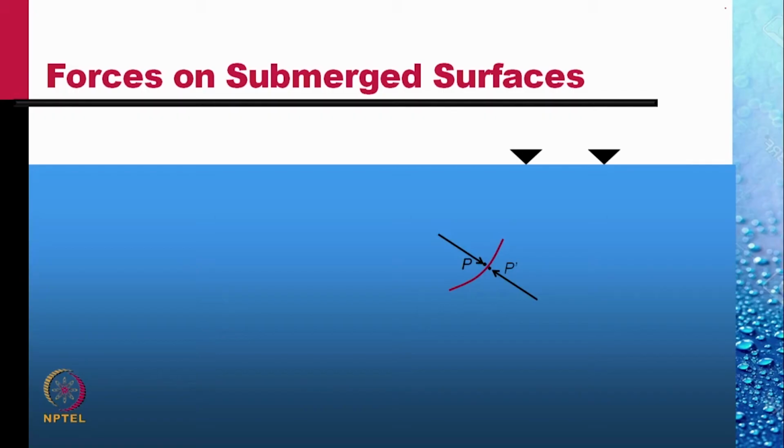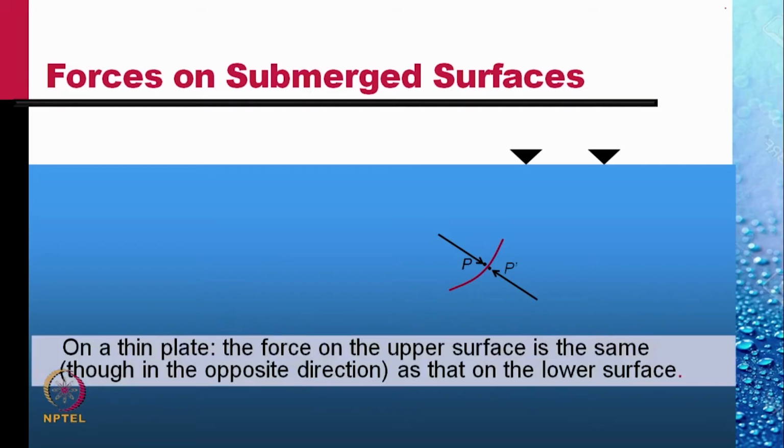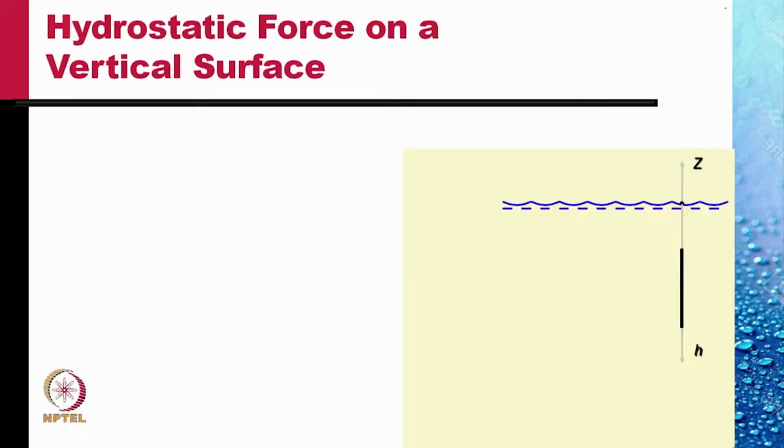The two pressures would be equal, and therefore, if we need to calculate the pressure force on the lower surface, that will be equal to the pressure force on the upper surface. On a thin plate, the force on the upper surface is the same, though in the opposite direction, as that on the lower surface.